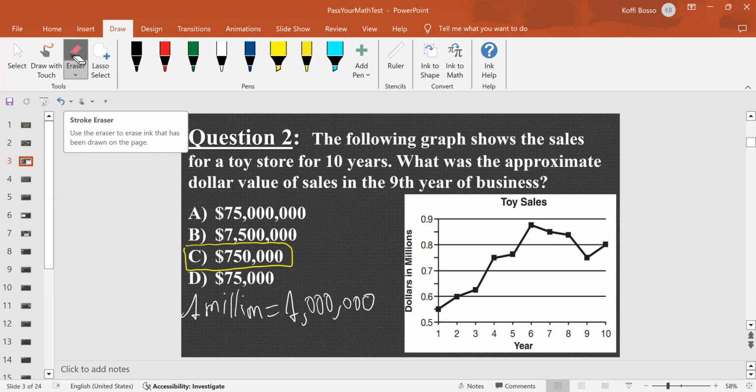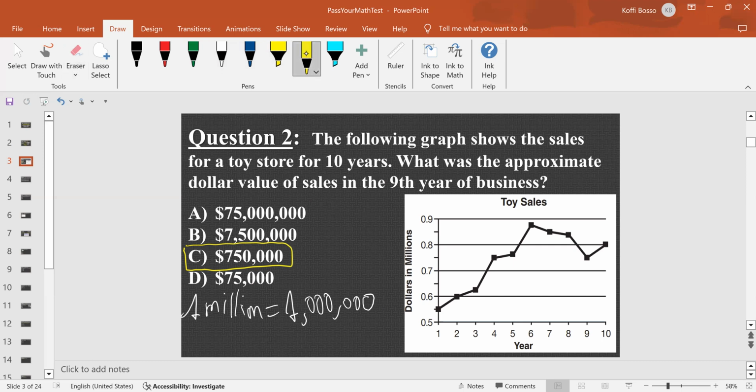Now, if you look at year 9, you'll see that the point on the graph related to 9 is here. If you project this point to the vertical axis, it looks like it's in the middle of 0.7 and 0.8.